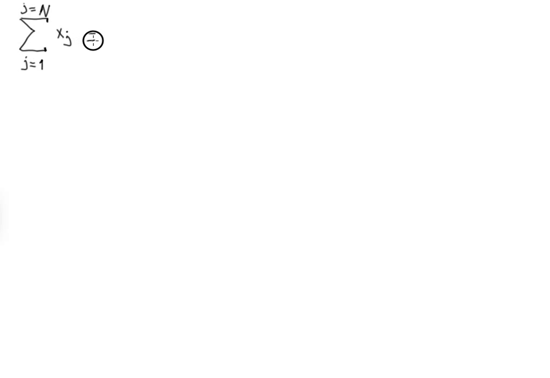Right, so as you know from your first year courses, this expression boils down to this little bit longer, not so beautiful expression. j starting from 1, so this will be x1, the first observation in the list of n observations, plus x2 plus x3 plus, and then all the intermediate terms up to x_{n-1}, plus the last observation x_n.